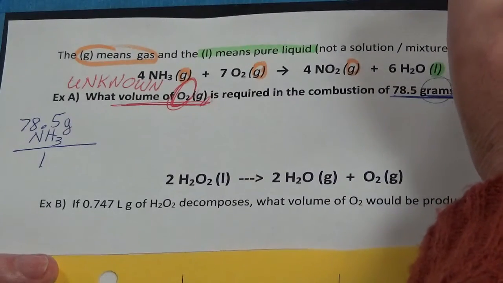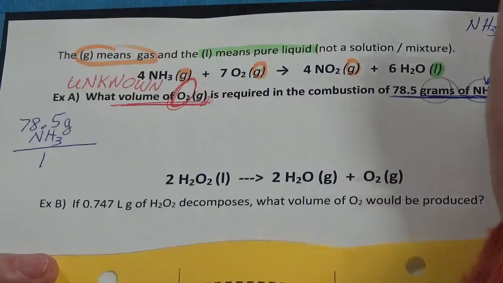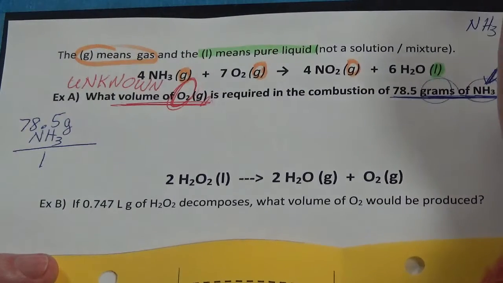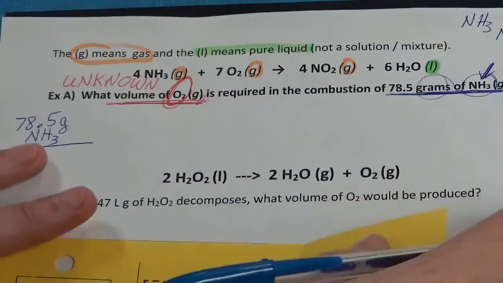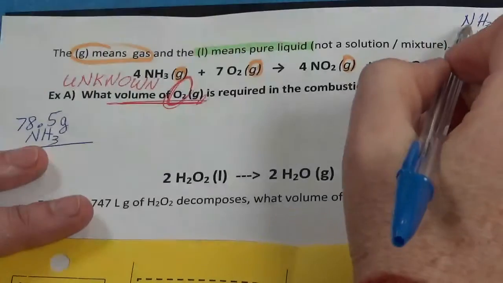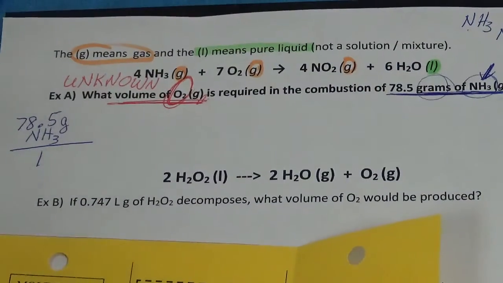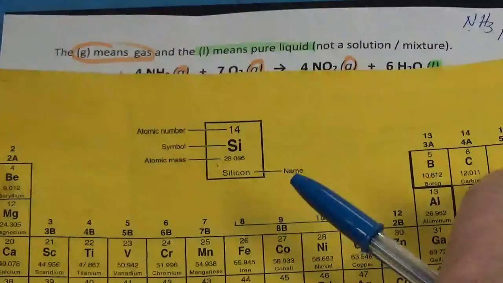So NH3. If I look at nitrogen from the periodic table, it's 14.007. I'm not going to round our atomic masses at all, just take them straight off the periodic table. Notice nitrogen, there's only one of them, so when I find the atomic mass of 14.007, I just leave it that way.